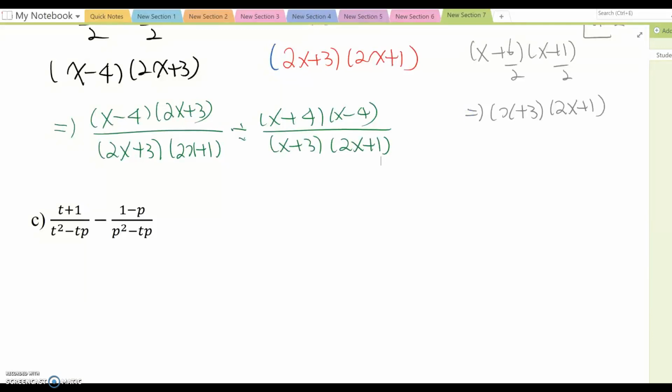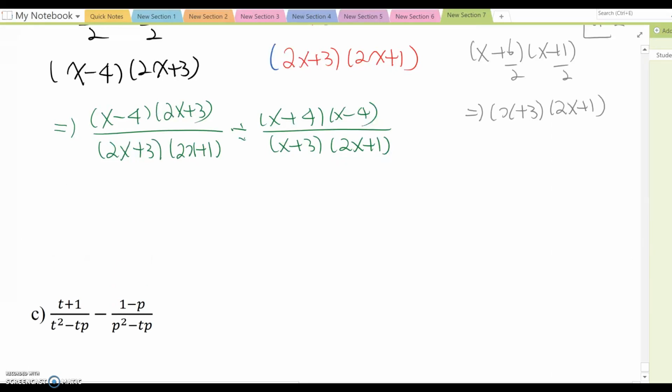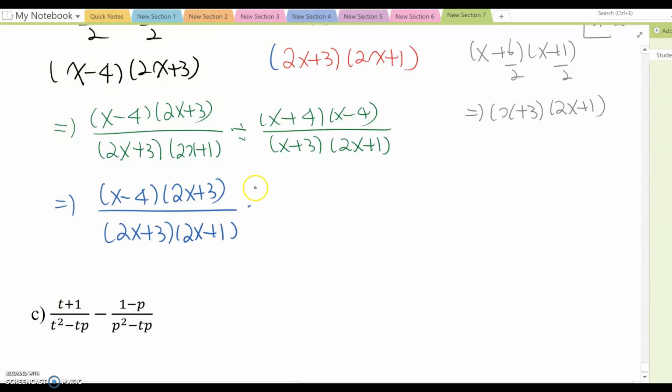Because it is division, we can make it multiplication. So I'm going to make more space for this problem, and this becomes (x minus 4)(2x plus 3) over (2x plus 3)(2x plus 1), multiplied by (x plus 3)(2x plus 1) over (x plus 4)(x minus 4).